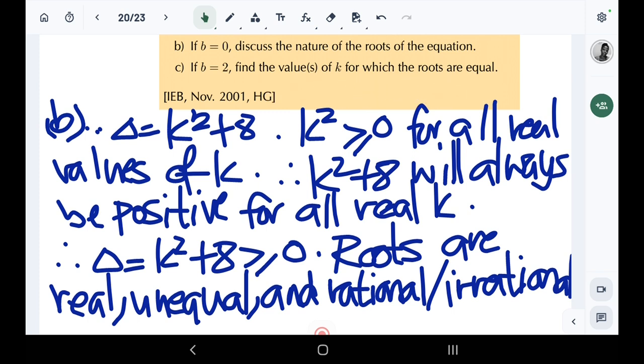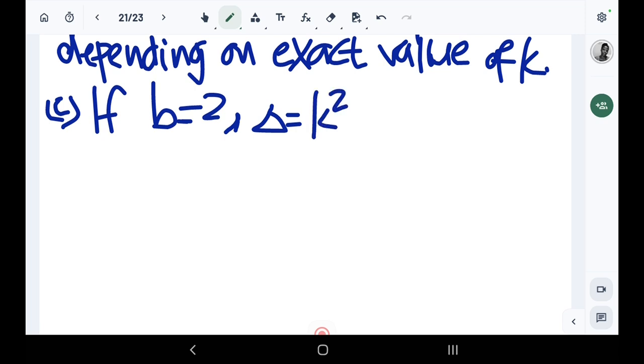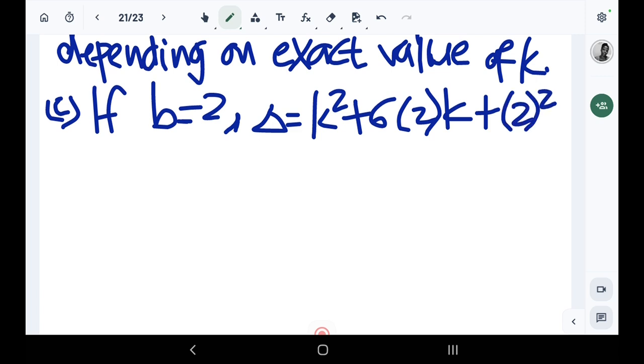If b equals 2, the discriminant delta will be equal to k squared plus 6 times 2 times k plus 2 squared plus 8.